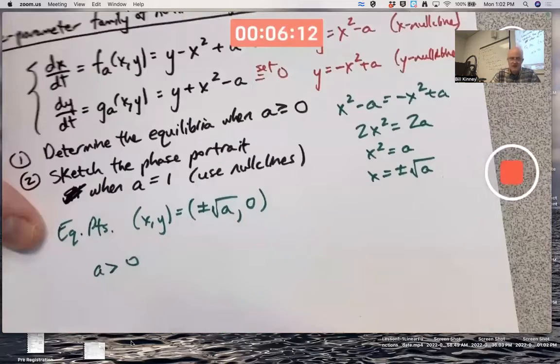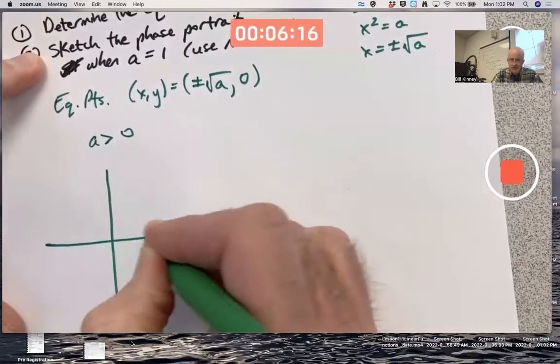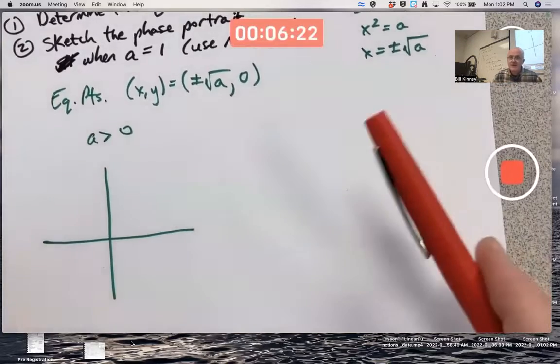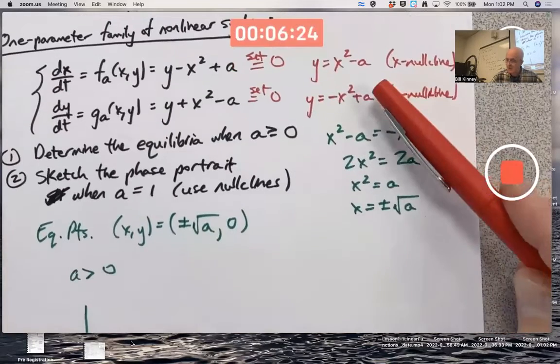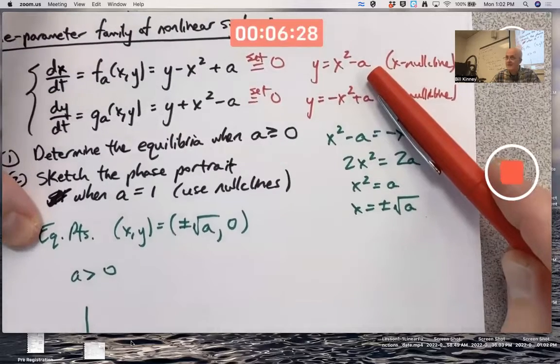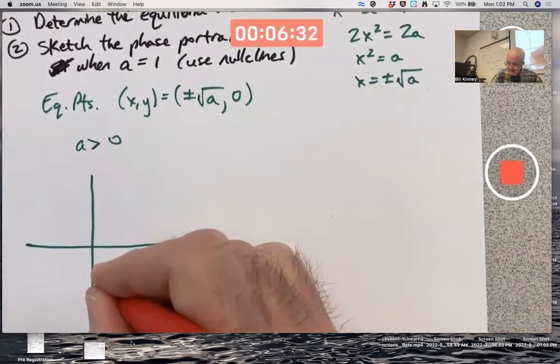what does the phase plane look like? Draw the null-lines to help you. The x null-line, remember, was y equals x squared minus a parabola opening upward. Y-intercept at negative a. So the x null-line looks about like this.